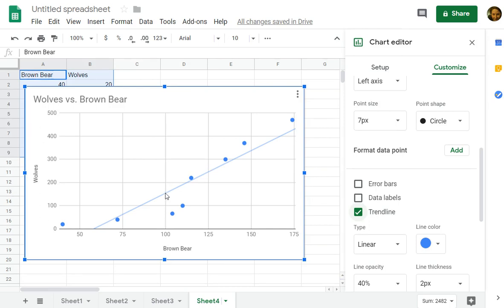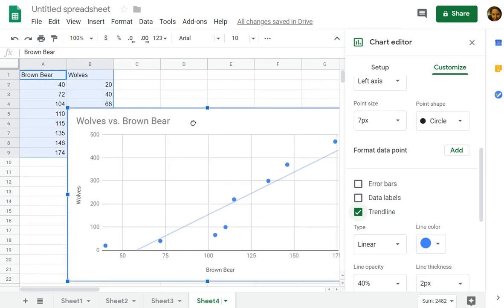So it looks like down here, again, 100 brown bears gave 150 wolves. 125 brown bears looks like it's close to 250 wolves, something like that. So I could basically say that maybe if brown bears increased by 25, my wolves would increase by 100.